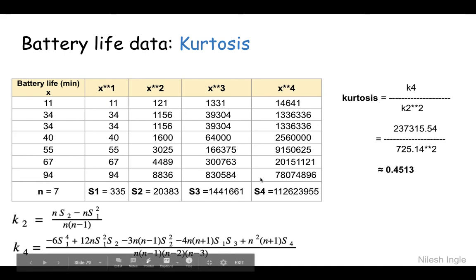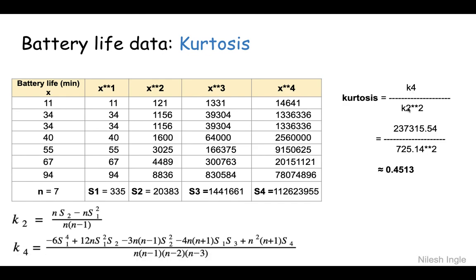And after you go through this, we put that in this formula, which is k4 divided by k2 squared. And when you do that, we get a kurtosis value of 0.45, and that is less than 3. So we could think of this as a platykurtic distribution.